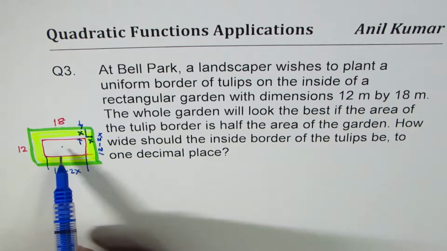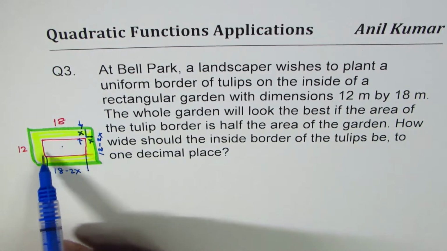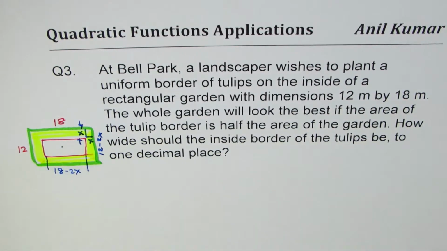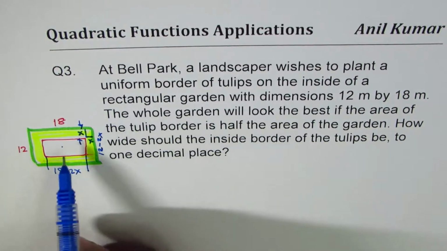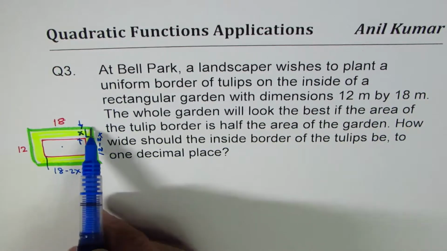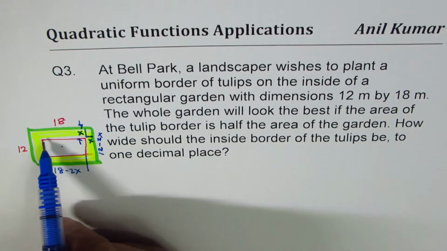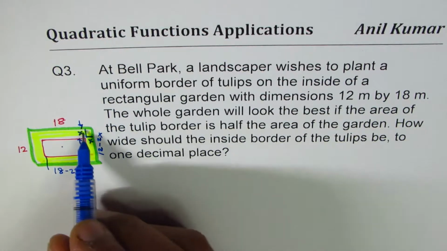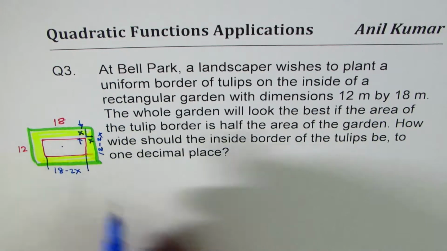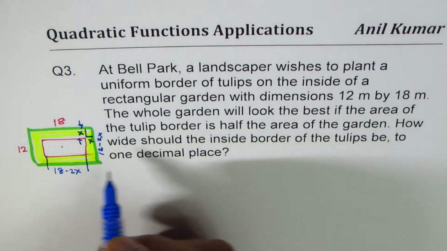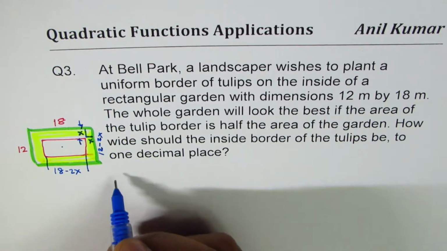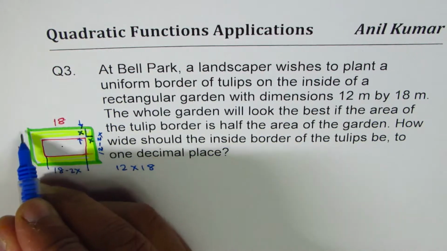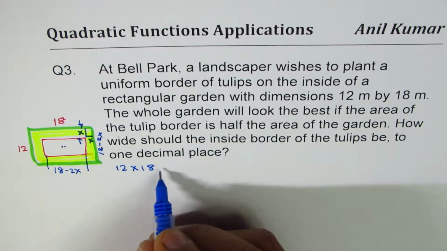So this inside garden area is equal to the area of the tulip garden. That is what the question is. So let's find the area of the tulip garden, which is total area minus inside area. Is it okay? So we have the area of the tulip garden. Total area is 12 times 18, that's outside, minus inside area.